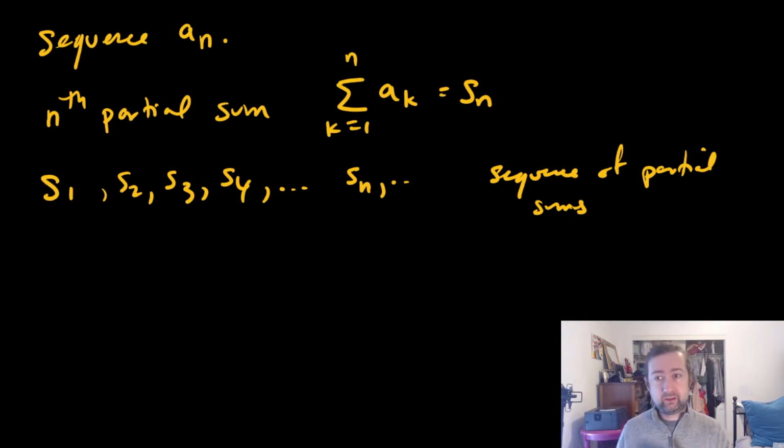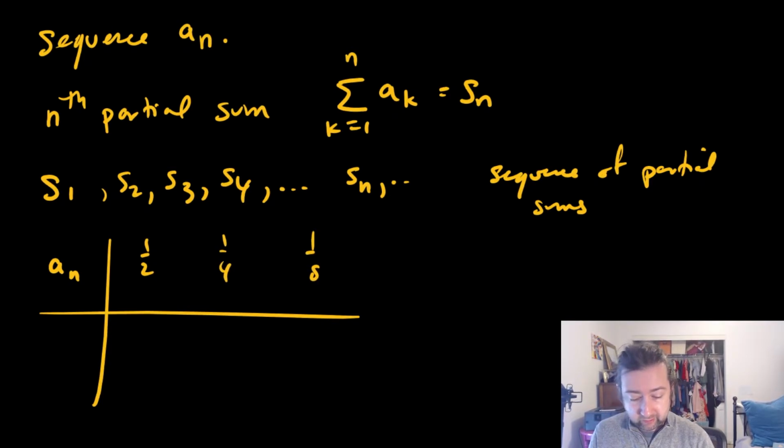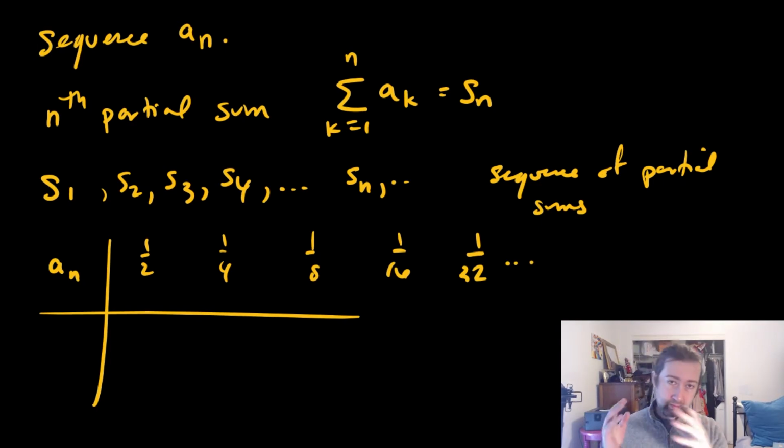And what we're looking at is, does that sequence look like it's headed to some number? So if the sequence an looks like 1/2, 1/4, 1/8, 1/16, 1/32, and so on, that's the sequence generated by 1 over 2 to the n, and I add those, what does the sequence of partial sums look like?